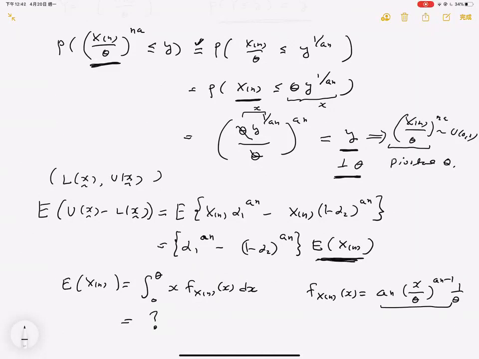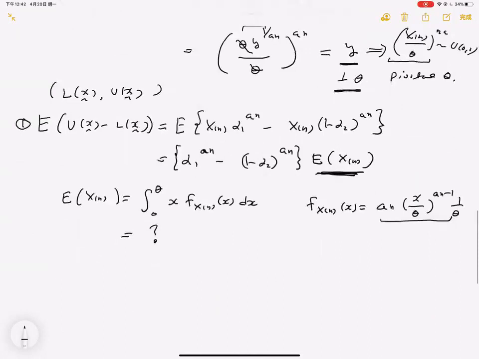Okay? That's number 1, I think, that I'm going to ask. Number 2, going back to the original question, I said it looked like a scale family to me.